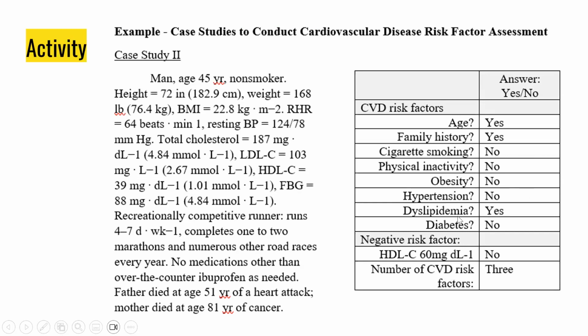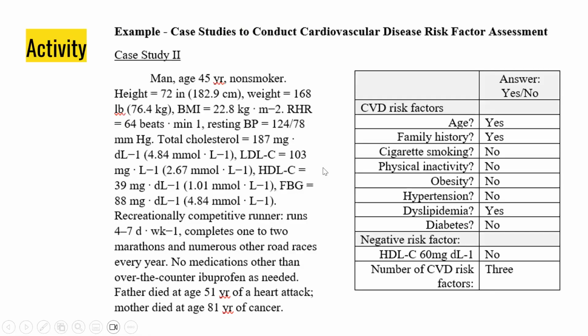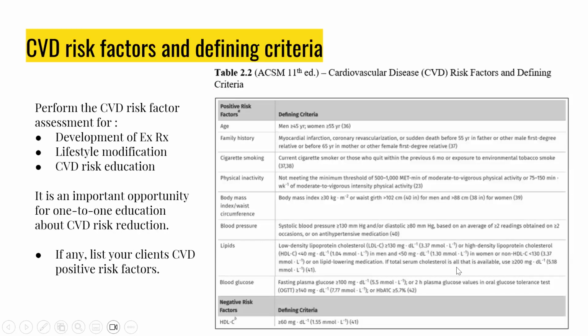Hypertension, no. Dyslipidemia, yes. As we can see from the lipids, the LDL is over 130. Let's see. Excuse me. Total cholesterol, 187. For total cholesterol, that's the positive risk factor, lipids, your defining criteria. Where is it?